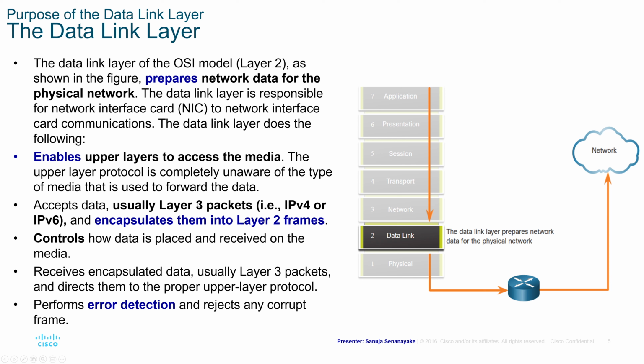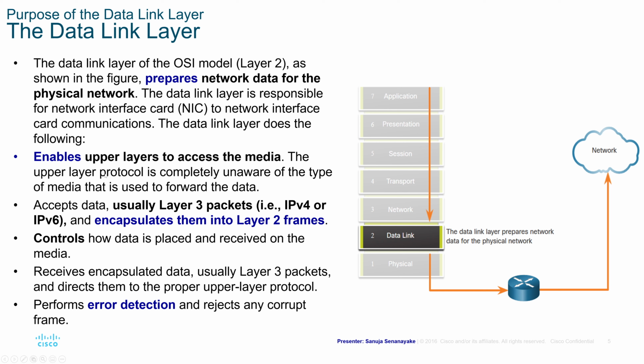So remember, when you plug your network cable into the NIC through RJ45, you're actually using the data link layer, and also the physical layer, which we discussed in the previous module.